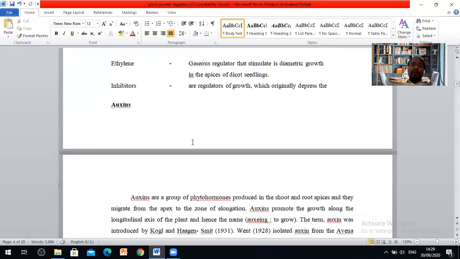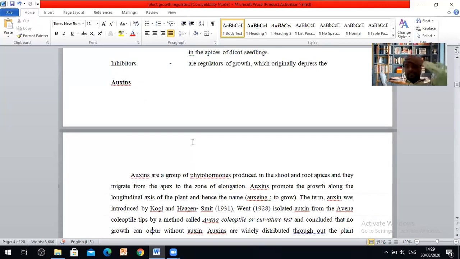Now let us see them one by one, starting with the first growth regulator, auxins. Auxins are a group of phytohormones produced in the shoot and root, particularly the apices of the shoot and root, and they migrate from the apex to the zone of elongation.